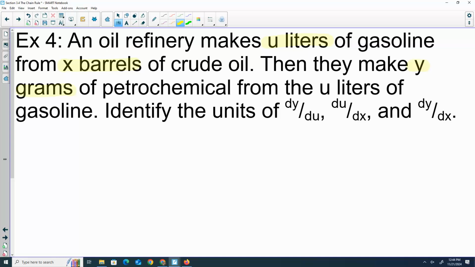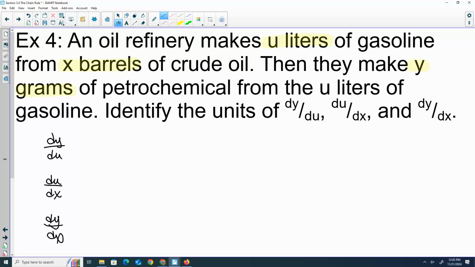Identify the units of dy du, du dx, and dy dx. Keep in mind, a derivative is like the slope of a tangent line. So your units are like a slope, something per something. It's a rate of change.